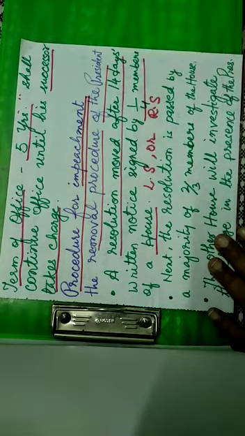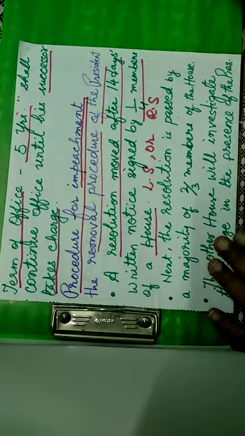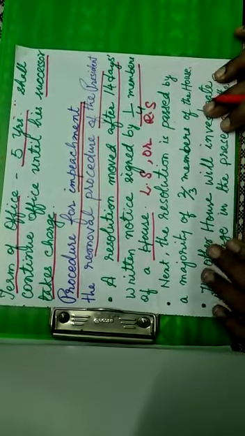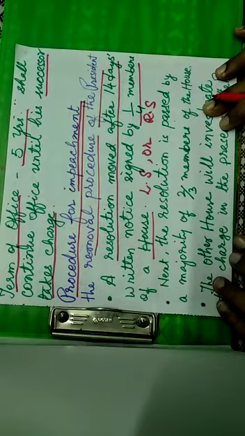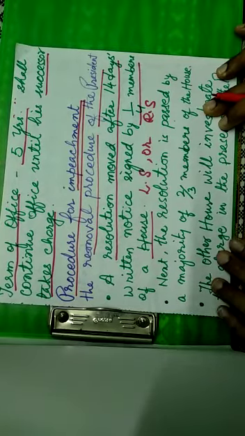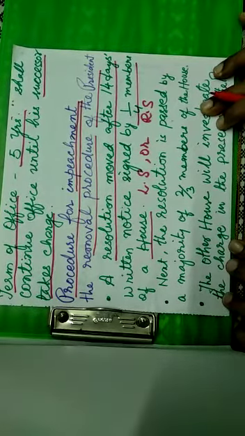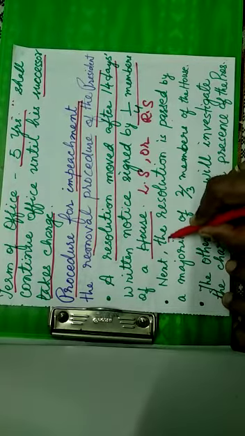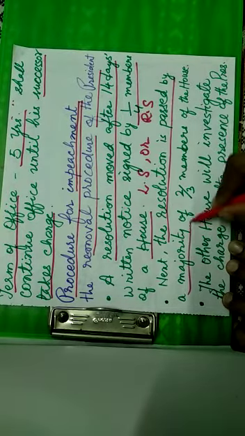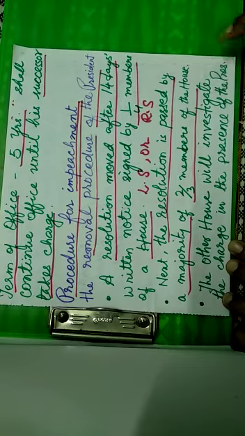Any of the 2 houses can initiate a resolution with a 14 days written notice to the president, signed by 1/4 of the members of that house. In the next, the resolution is passed by a majority of 2/3 members of the same house.